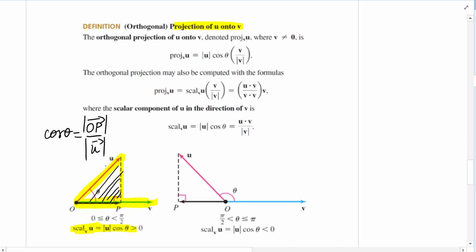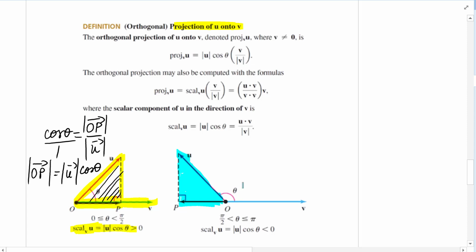So if you cross multiply, you get OP is u cosine theta. But we can also have the vector u directed this way. So when we project it, we get this triangle.